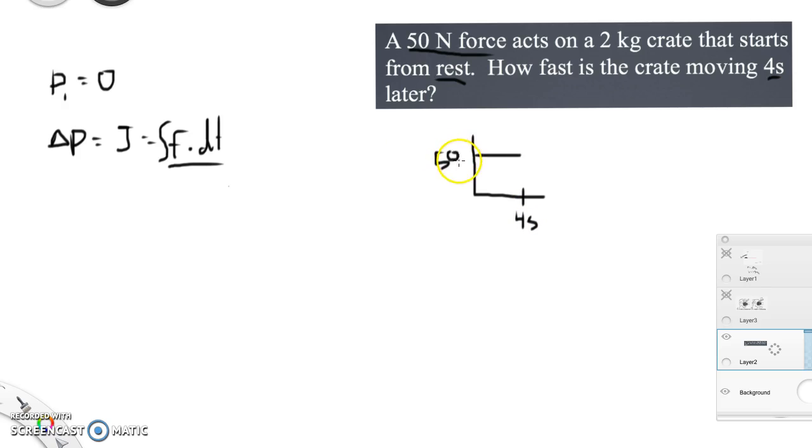If we find this area, that's going to tell us what our change in momentum is. So if we find this area, 50 newtons times 4 seconds, that's going to give us an area here of 200 Newton seconds, and this would be our change in momentum.